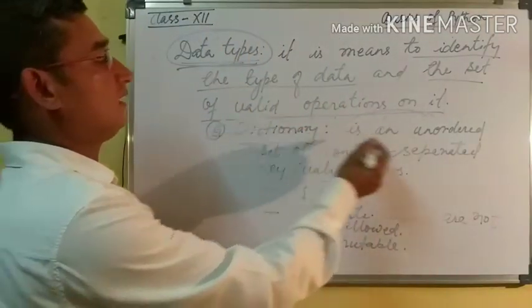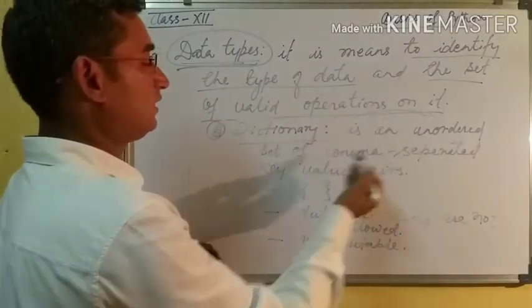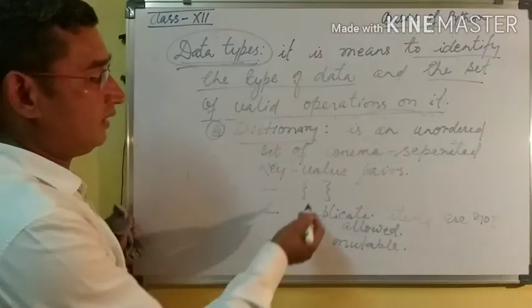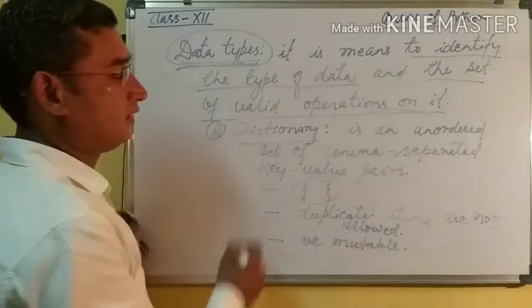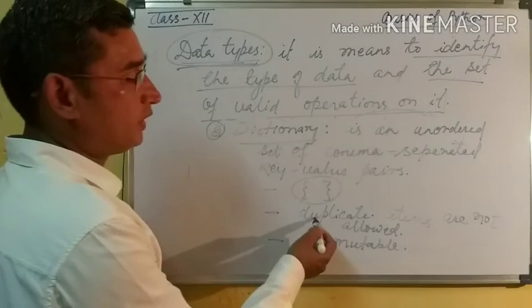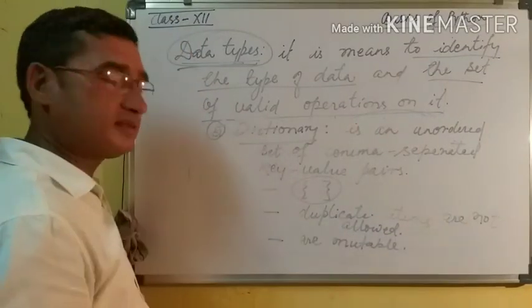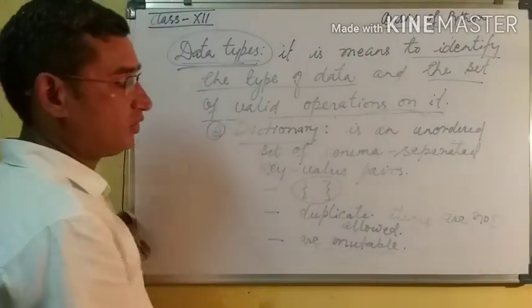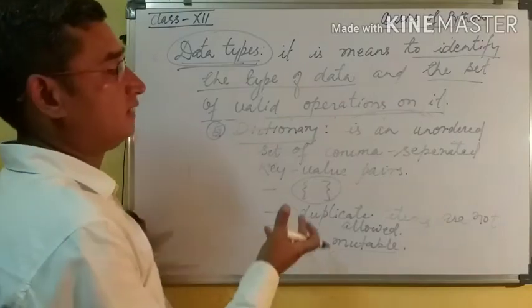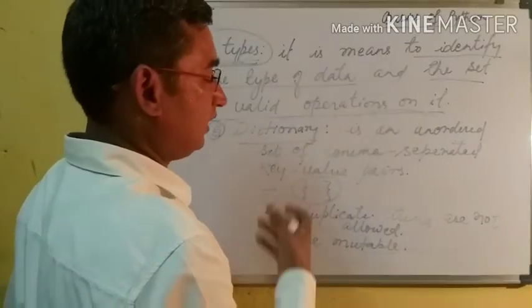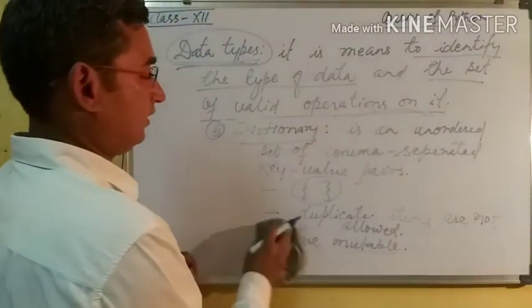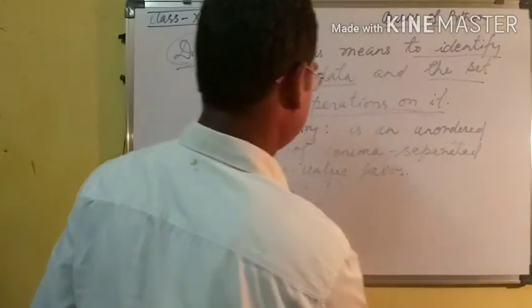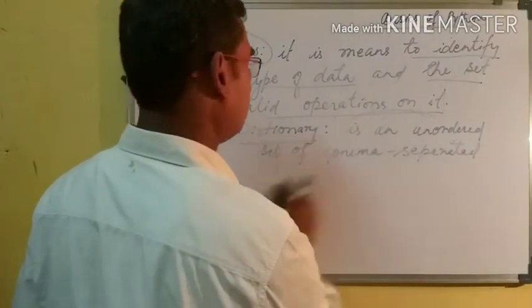A dictionary is an unordered set of comma separated key value pairs, and it can be written with curly brackets. Duplicate items are not allowed in a dictionary, and dictionaries are mutable. Mutable means you can change the dictionary values in place. I am writing one example here for a dictionary.